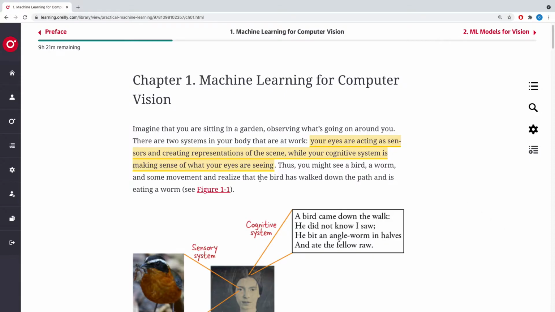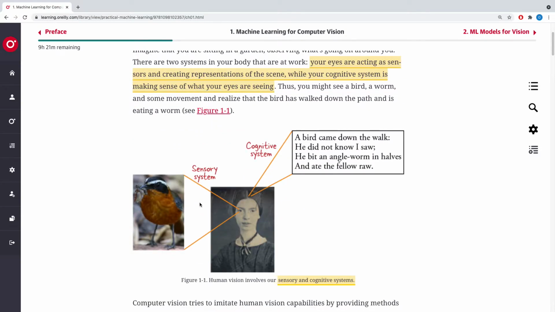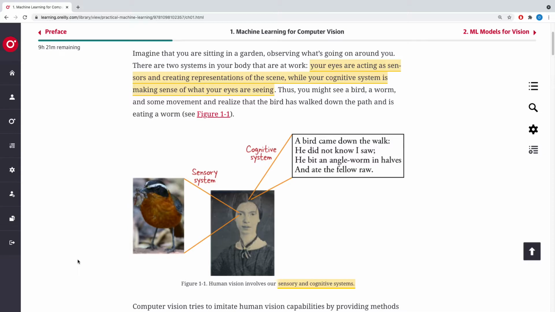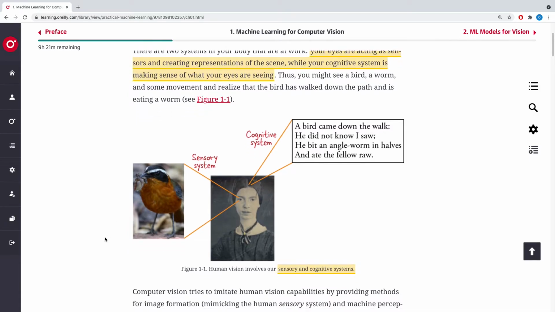Your eyes are acting as sensors and creating a representation of the scene. The key point I highlighted is the cognitive system and the sensory system. The sensory system allows you to perceive, to sense the environment. The cognitive system then interprets what you have perceived.